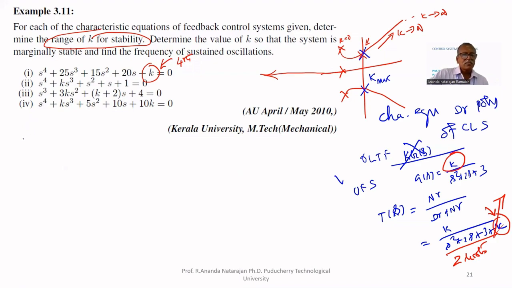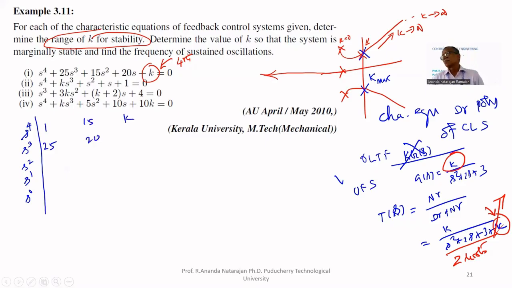So the rows are s power 4, s power 3, s square, s power 1, s power 0. The first row is 1, 25, 15, 20, k.